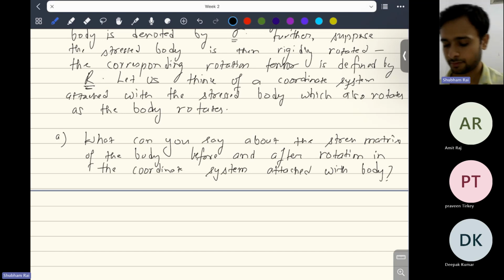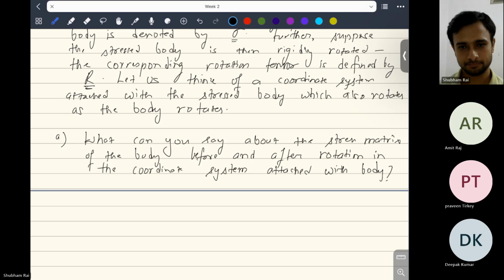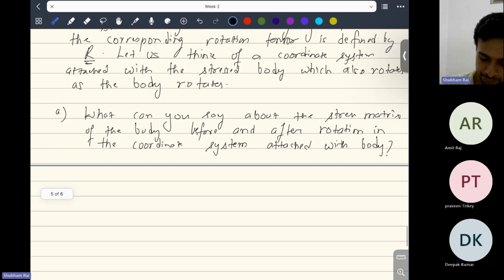You tell me. What can you say about the stress matrix of the body before and after the rotation in the coordinate system attached to the body? Will the stress matrix change or not? I'm giving you options also.